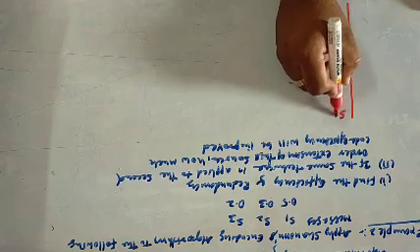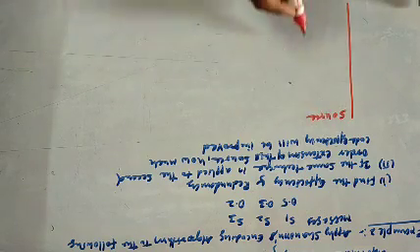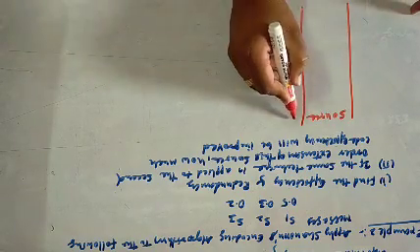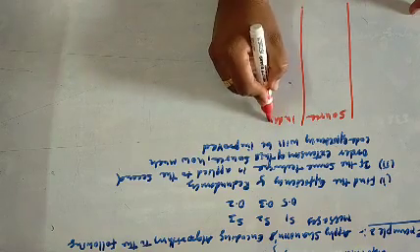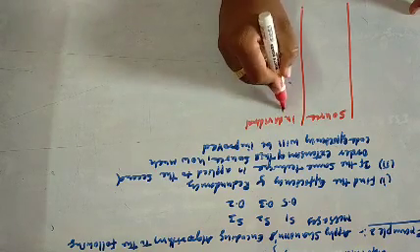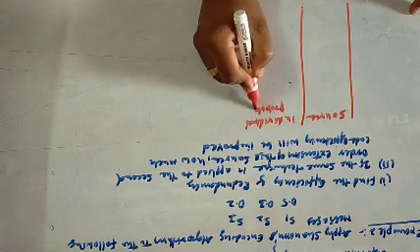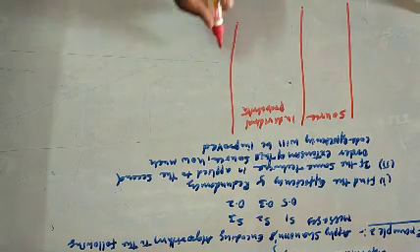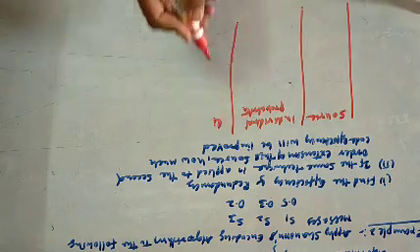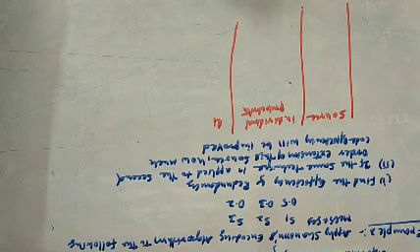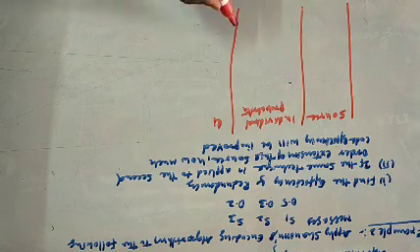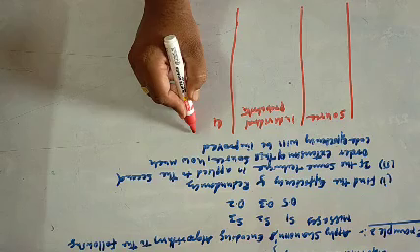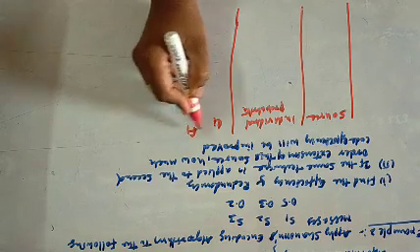I'll write here: source and individual probability, and the length Li. What should be the length? We have to write here. Then Fi.